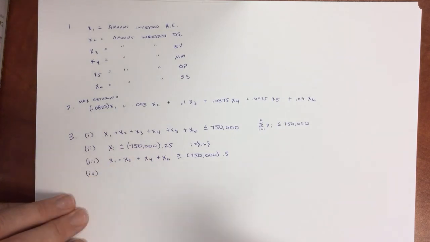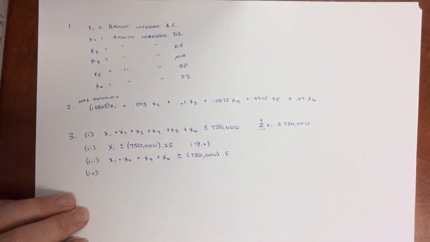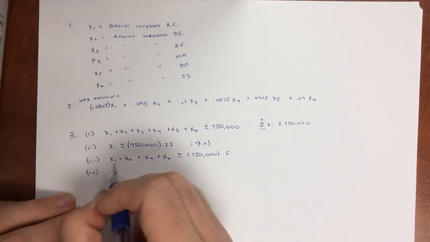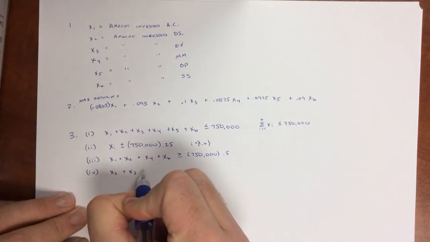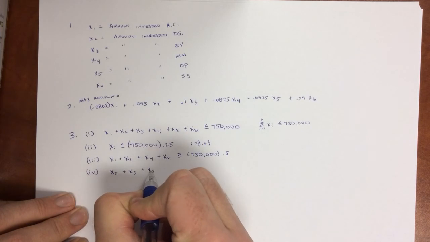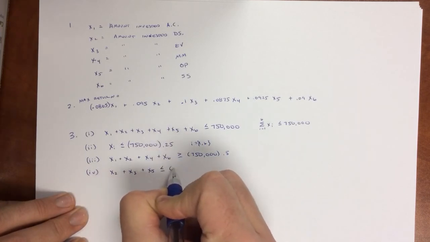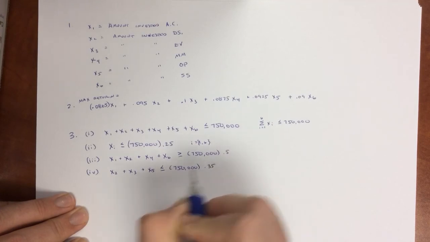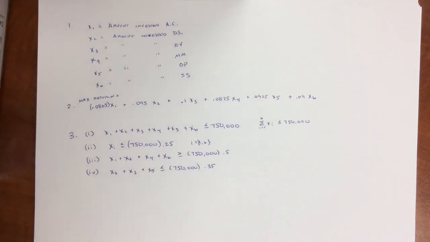The fourth constraint is that the three bonds, Dynastar, EagleVision, OptiPro, have no more than 35% of our portfolio. So Dynastar is X2, EagleVision is X3, and OptiPro is X5, and the sum has to be less than or equal to $750,000 times 0.35. And there's our linear program. We've included all of the information we have, and now we just need to set this up in Excel.